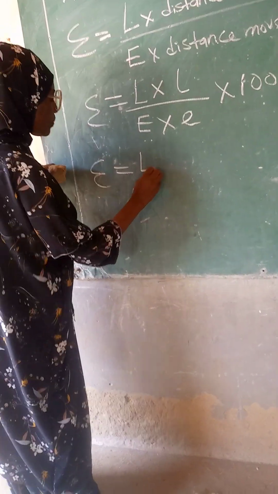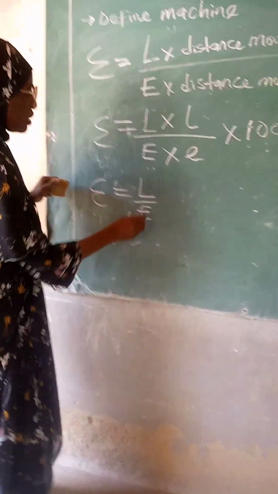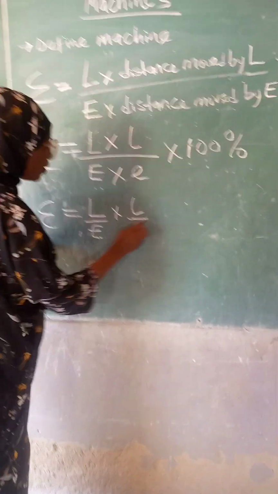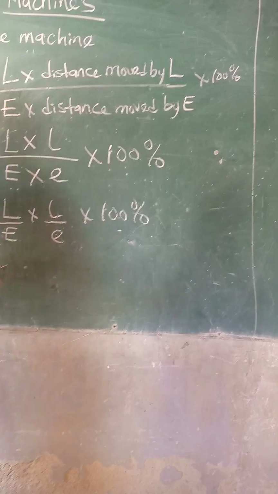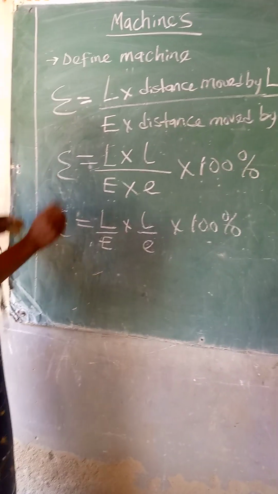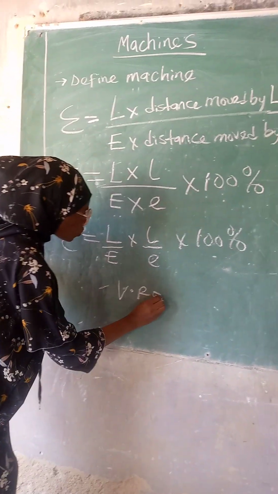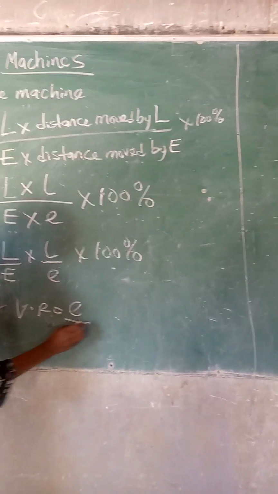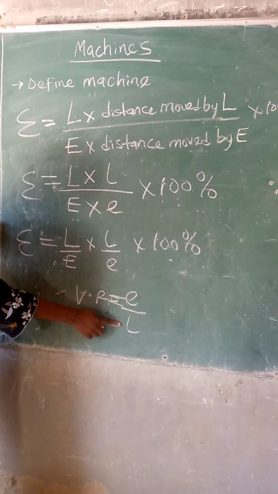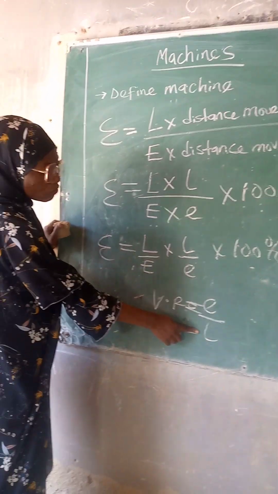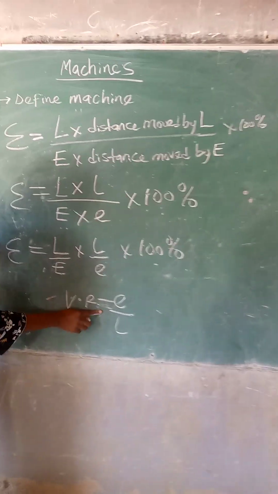So we have L all over E, times 100%. But if you still remember, the formula for velocity ratio: VR is equal to E over L, that's distance moved by effort all over distance moved by load.